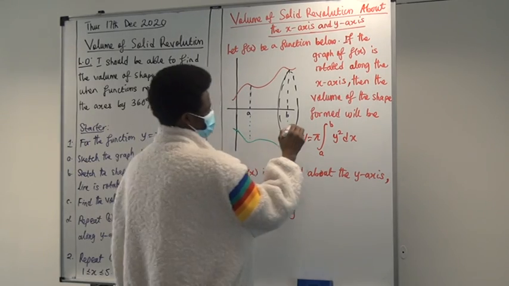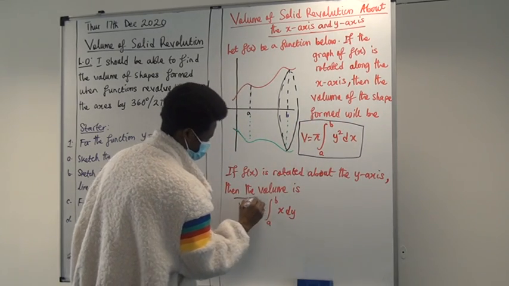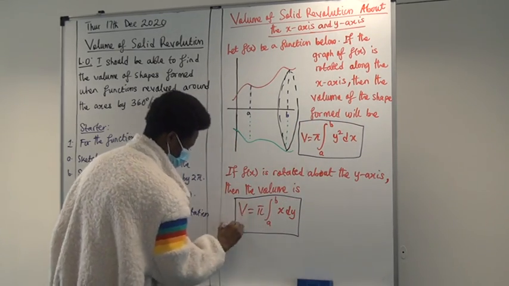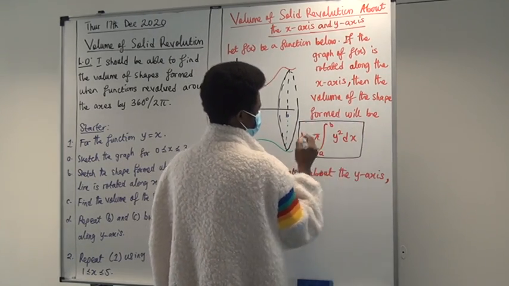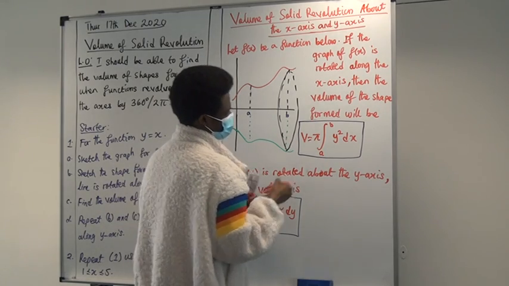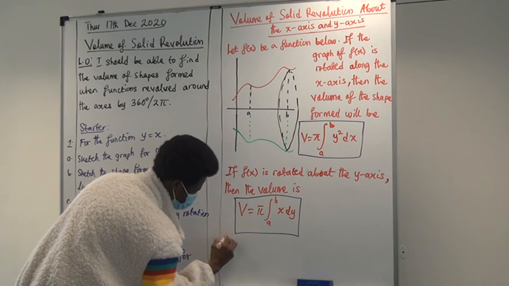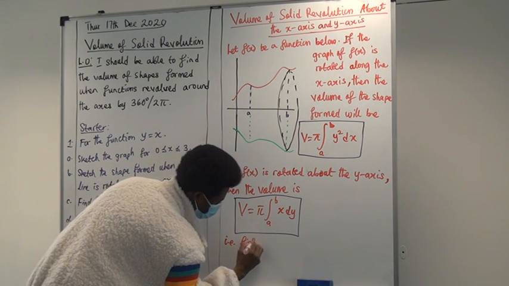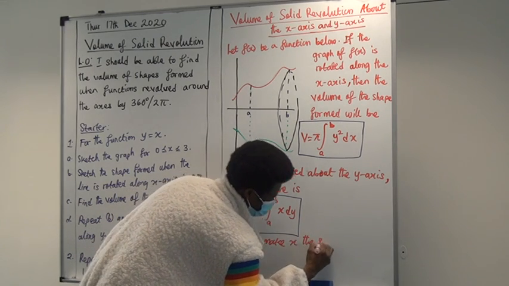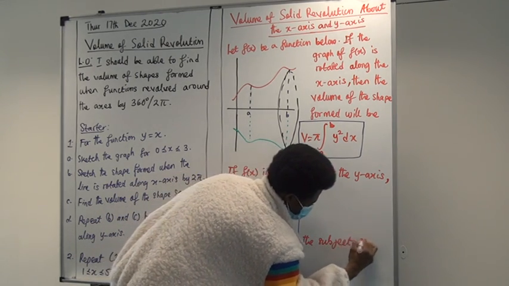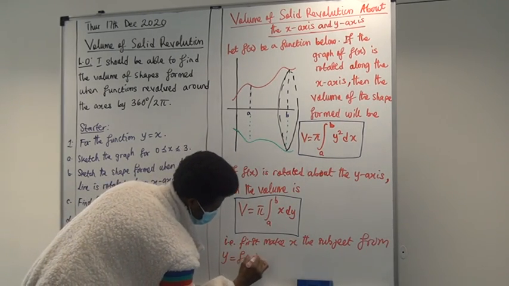Okay, so these are the 2 we need to worry about. This one and this one. That is, first make x the subject from y is equal to function of x.